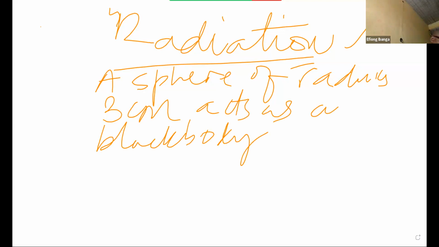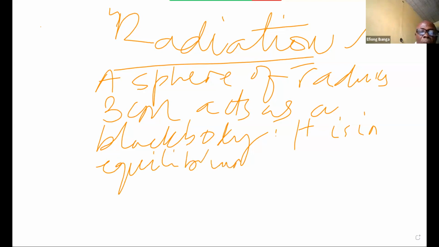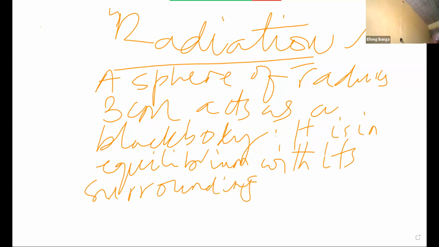It is in equilibrium with its surrounding and absorbs 30 kilowatts.